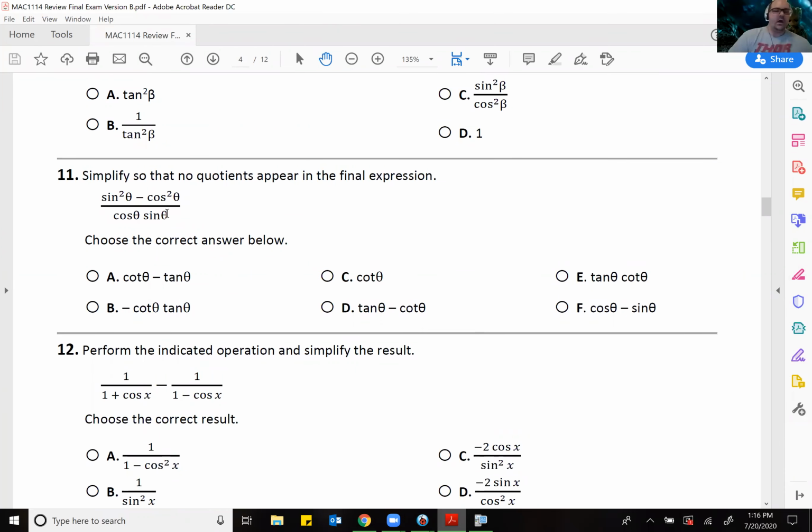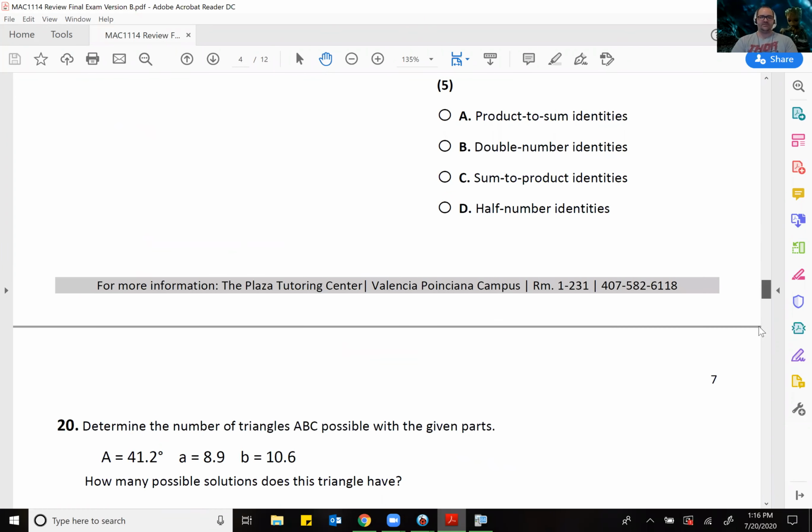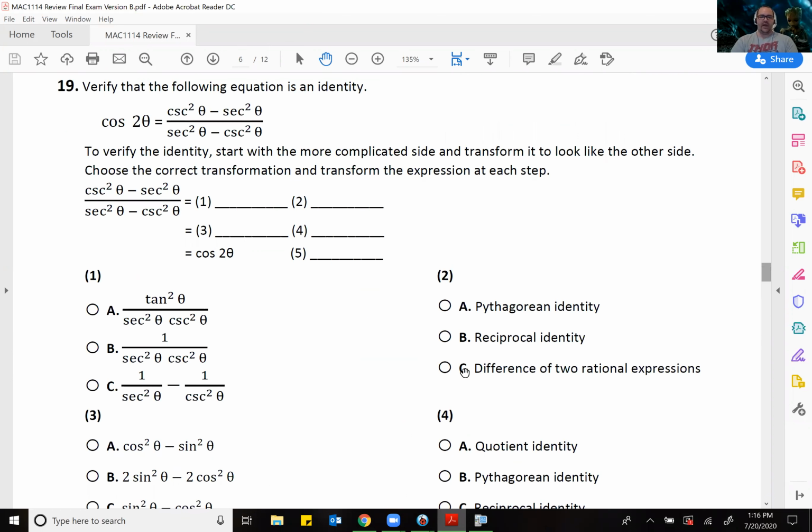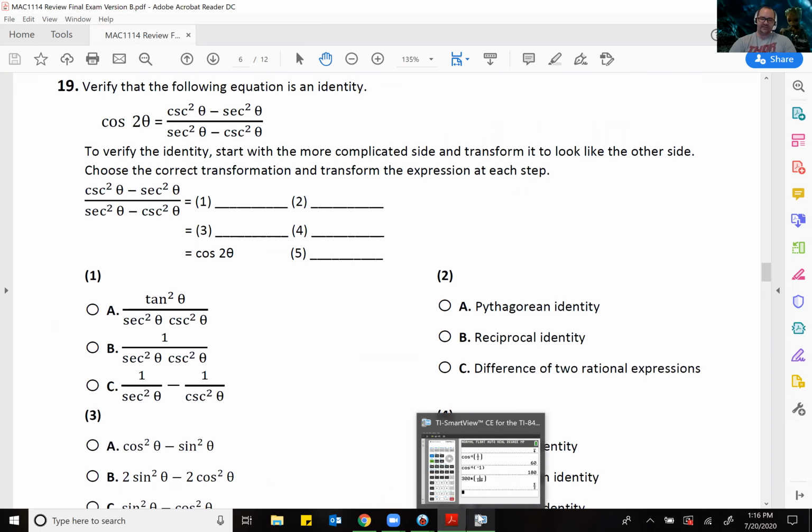Remember in this one, because there's addition and subtraction going on in the numerator, we can separate those out. Okay? So coming back down to this, this first one, we actually know what the blank 2 is going to be. It's going to be a difference of two rational expressions, because all we're going to do is separate and do some reducing.